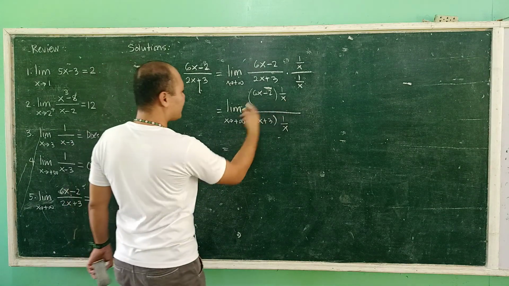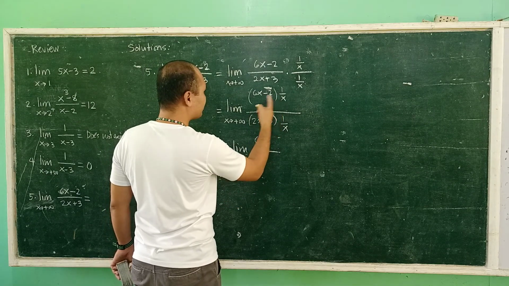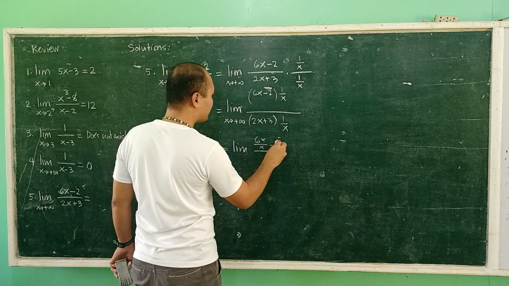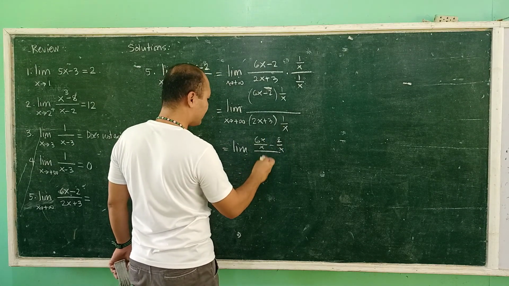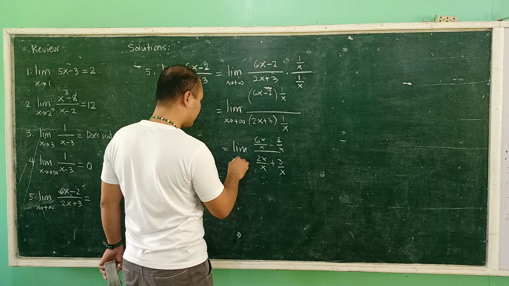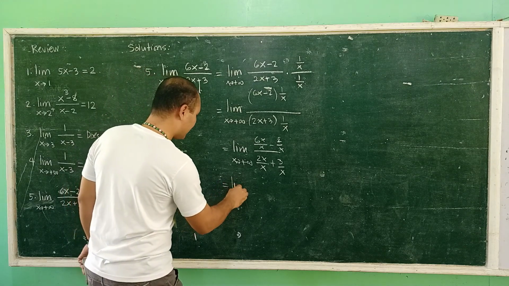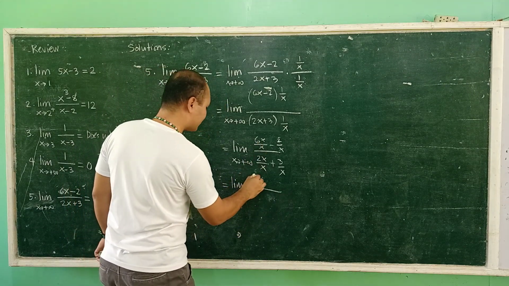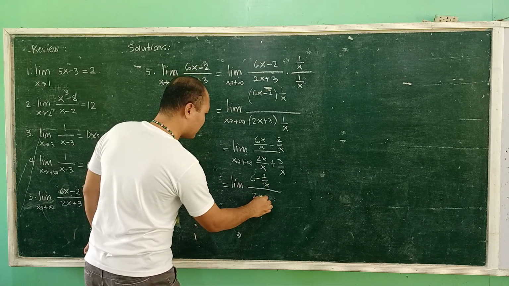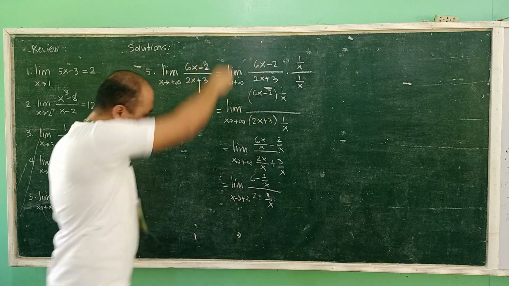So, multiplying it here, we have the limit of 6x over x minus 2 over x, over 2x over x plus 3 over x, as x approaches positive infinity. So that is the same thing as the limit of 6 minus 2 over x over 2 plus 3 over x as x approaches positive infinity.